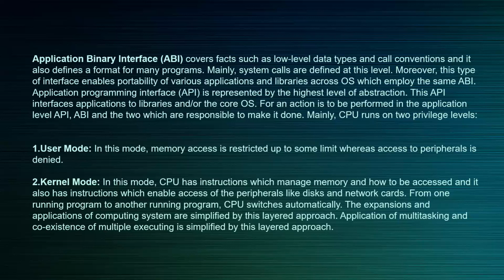The CPU switches automatically from one running program to another running program. The expansion and application of computing systems are simplified by this layered approach. Multitasking and the coexistence of multiple executing programs are simplified by this layered approach.